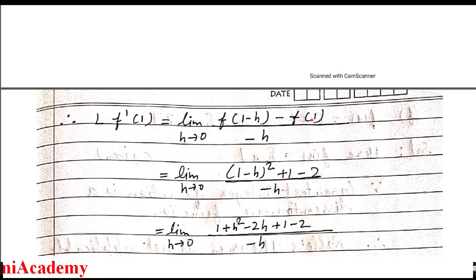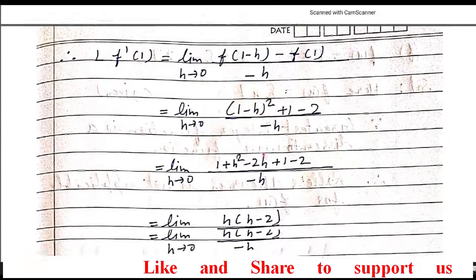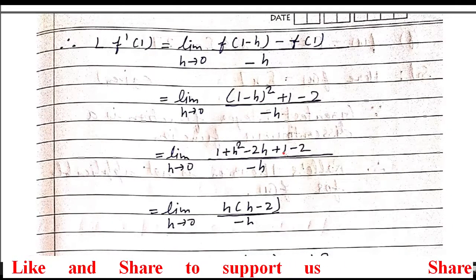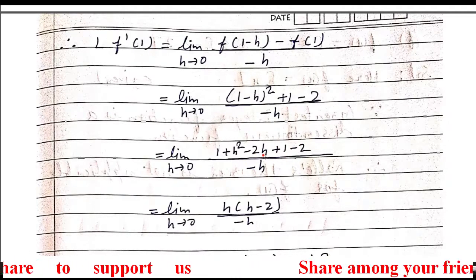Instead of x we have 1 minus h, so (1 minus h) square plus 1. At f(1) the function is also x square plus 1, and putting 1 gives 2. Now we simplify. First open the bracket using the (a minus b) whole square formula. You can see 1 plus 1 is 2, and 2 minus 2 is 0, so we remain with h square minus 2h.